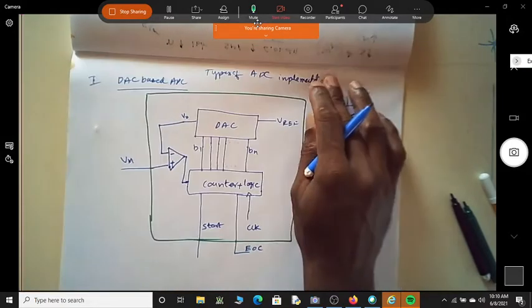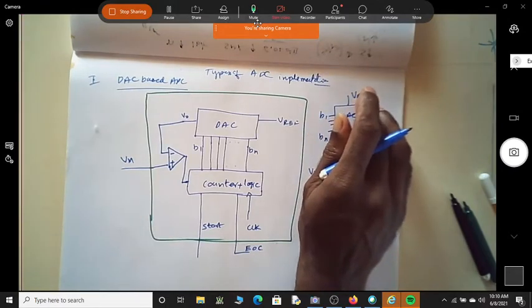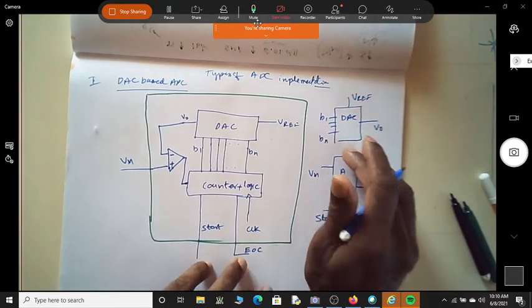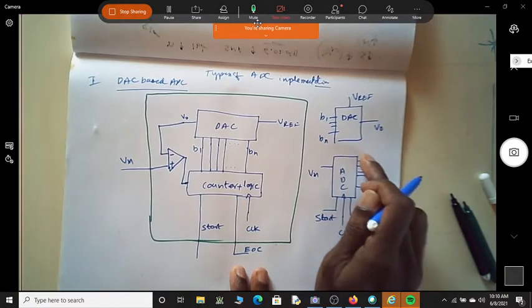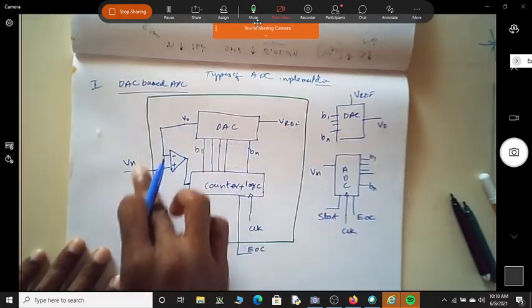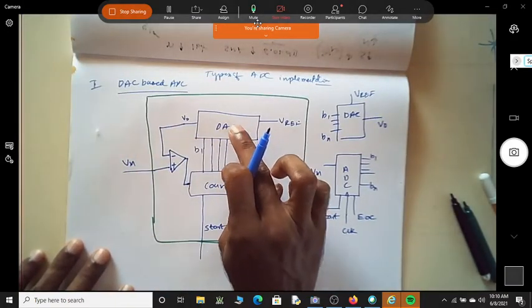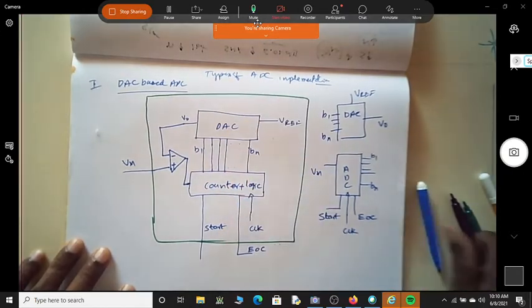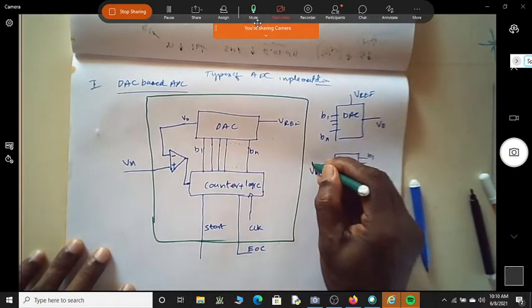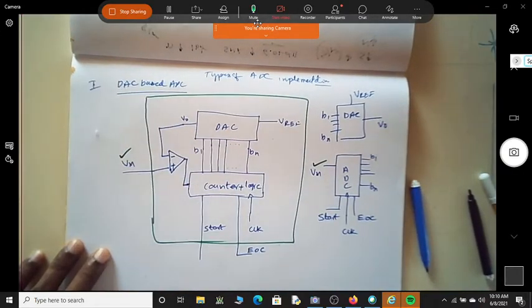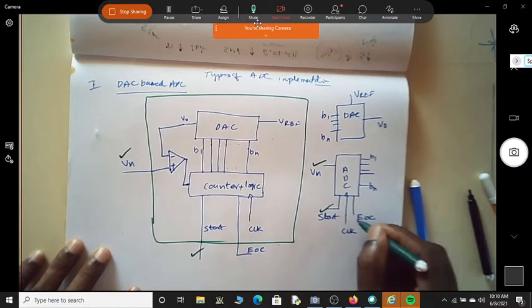So let us try to understand the functioning of this DAC-based ADC. This is an ADC circuit which has a DAC in it. Do we have Vin here? Yes. Do we have a start signal? Yes. Do we have a clock?